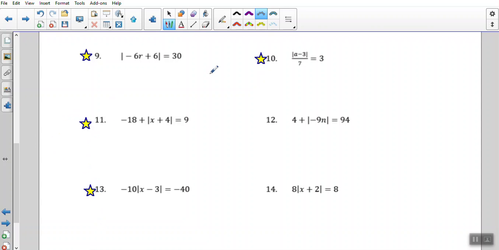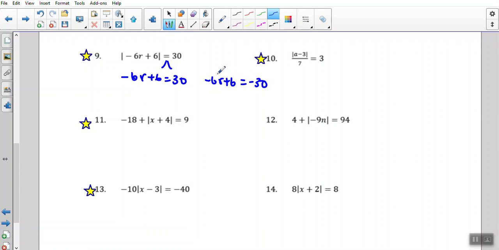Okay, so just follow along as I'm going through this. I'm going to do the positive, negative, drop the absolute value symbol, solve it.